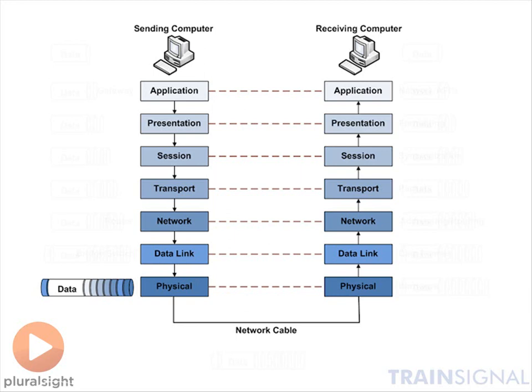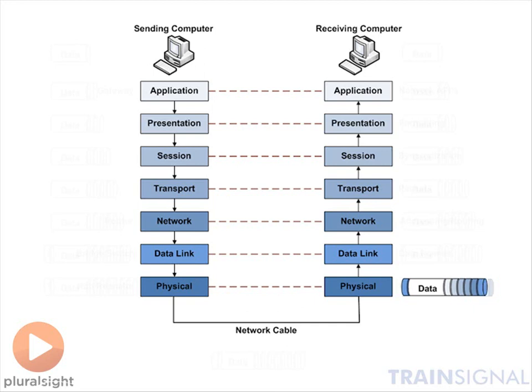Now, what I wanted you to watch carefully, now we're going to put it out onto the cable, and it travels over to the receiving computer. And what you're going to see here is as it goes up through the OSI model, each layer is going to strip off and acknowledge, basically, the slice of information that the corresponding layer on the sending computer added.